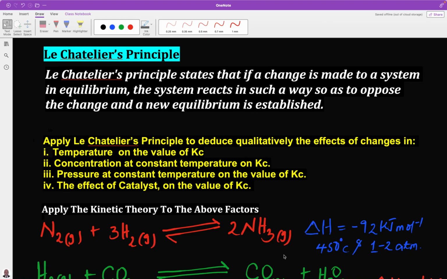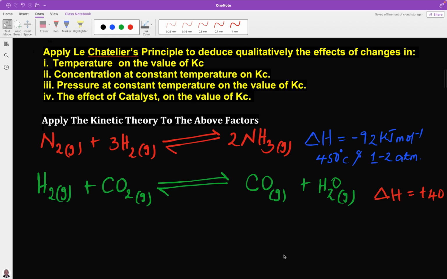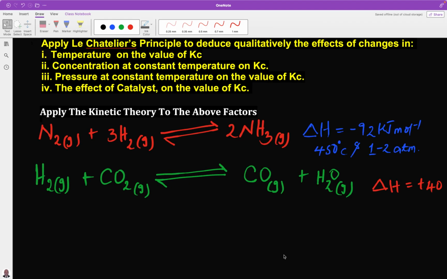For instance, let's take, for example, temperature. You know, we have discussed a lot regarding temperature. Apply Le Chatelier's principle to deduce qualitatively the effect of changes in temperature on the value of Kc.